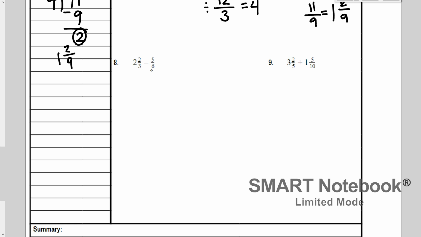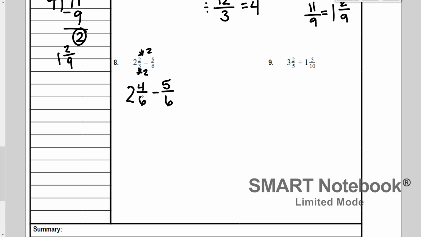All right, we're trying to find a common denominator between 3 and 6. So I look at that 6 and I say, can I make a 3 times something into a 6? Yes, I can. I would do times 2. So I would have 2 and 4 sixths, because 2 times 2 is 4, 3 times 2 is 6, minus 5 sixths.